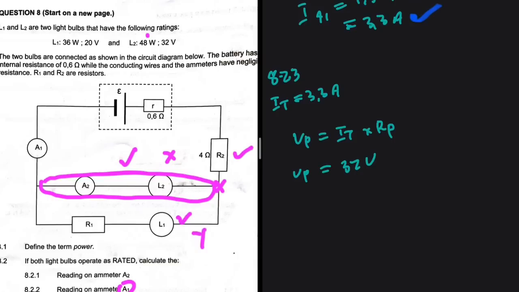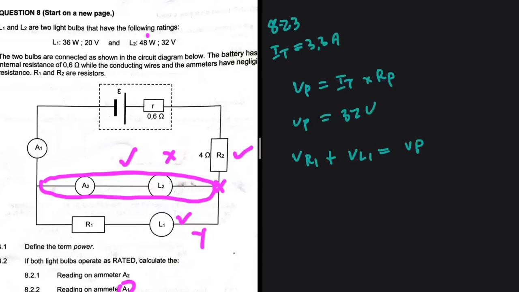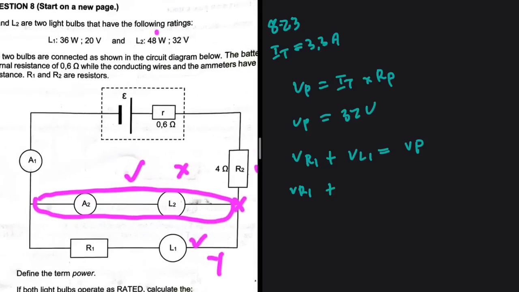So we're saying that V of R1 plus V dissipated by L1 should be equal to VP, right? Because R1 and L1 are the only two spots where there's a potential difference. So V of R1, we can calculate that because we know V of L1. V of L1 is 20.